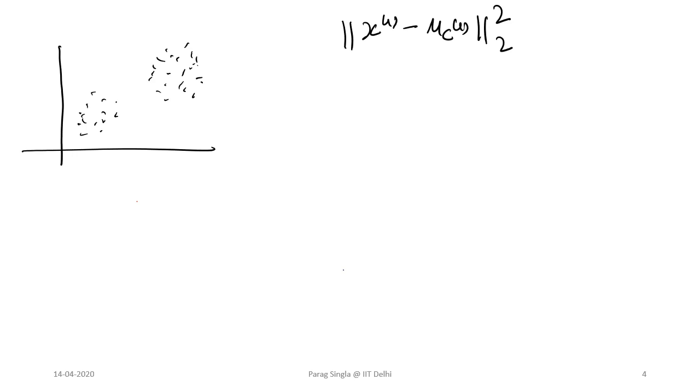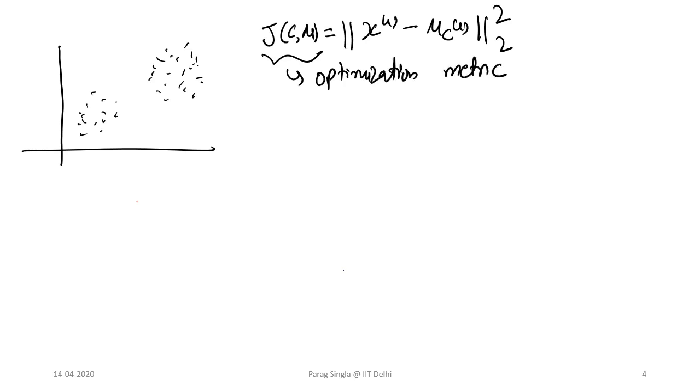This is what we wanted to minimize, and we will often write it as J of c and mu. This is our optimization metric, and we want to minimize this with respect to mu and c.